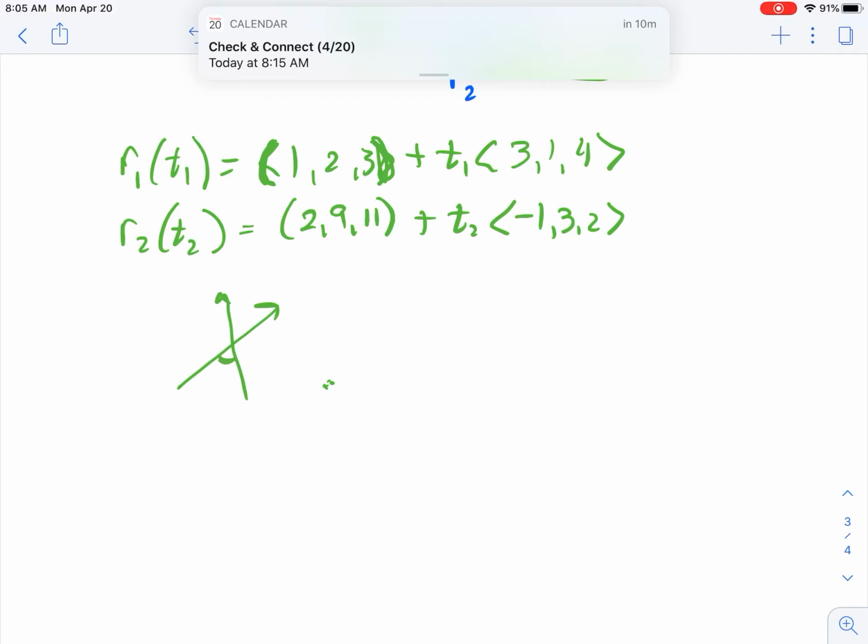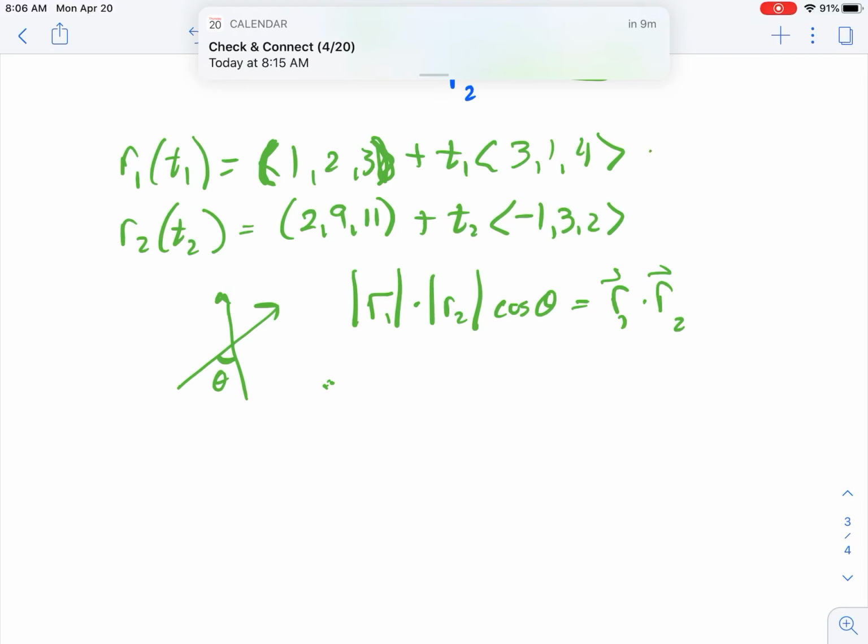At what angle are they approaching? So again, this is a little review. So remember, you use the dot product. So the magnitude of R1 times the magnitude of R2 times cosine of theta, and the dot product by components, like so.